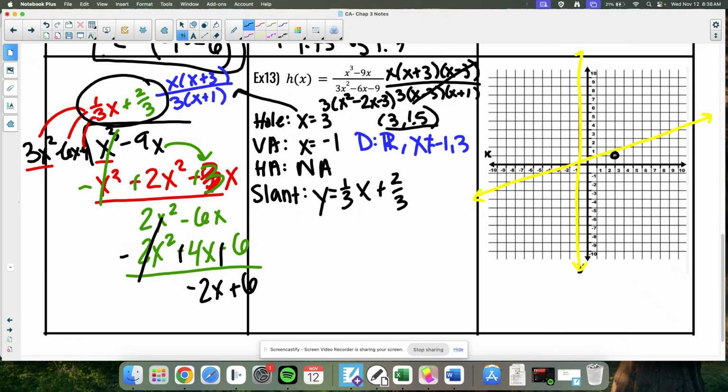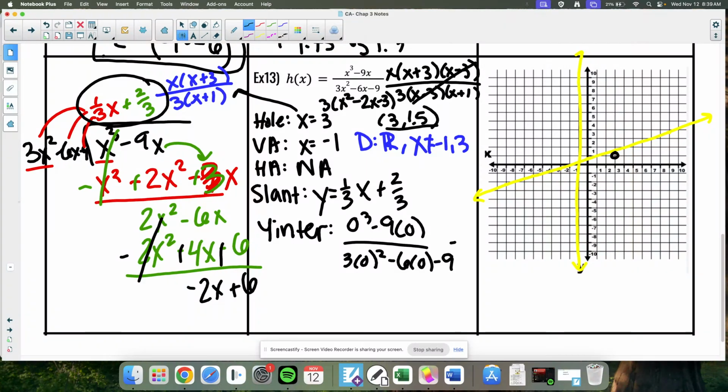What other numbers should we plug in? Oh, we need our intercepts. Y-intercept. What number do I plug in to get a y-intercept? 0. Where's our y-intercept at? 0.